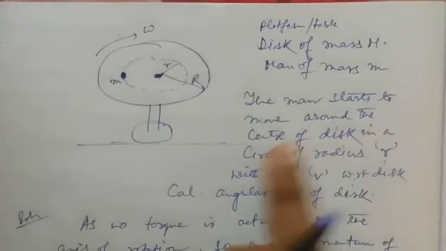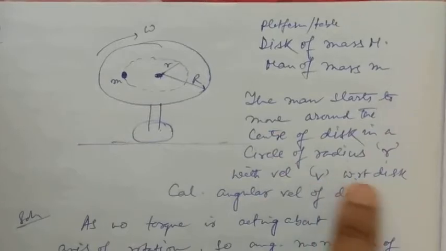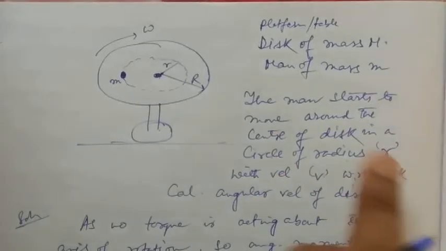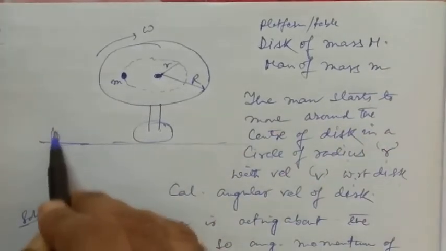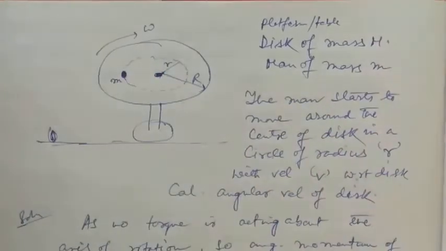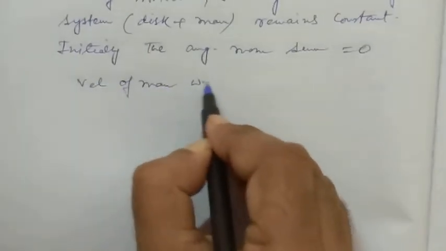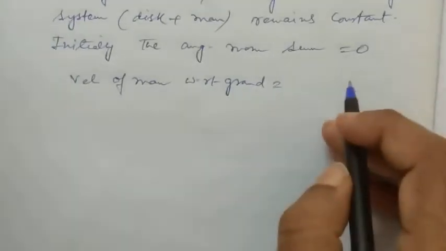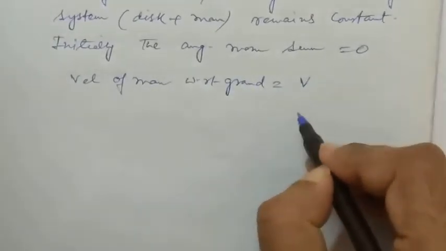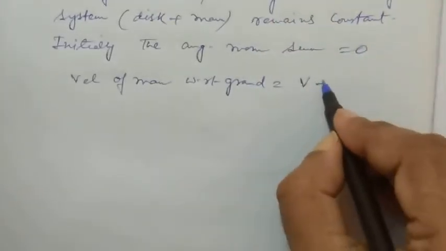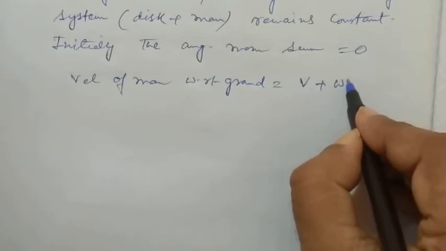They have stated in the question that the man starts to move with a velocity of v with respect to the disc, but to an observer standing on the ground, the velocity of the man with respect to ground should be different. He will find him to move with two different velocities at the same time. One is the velocity v with which he moves with a radius of smaller r, and also the velocity omega r.